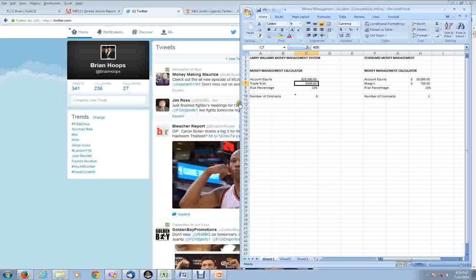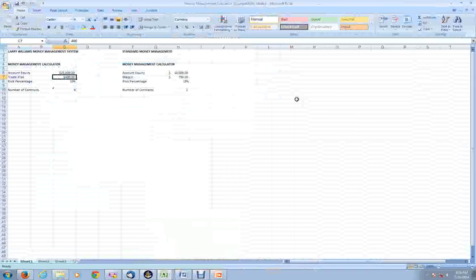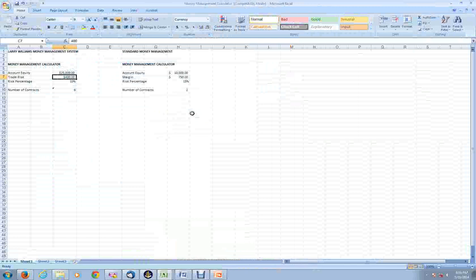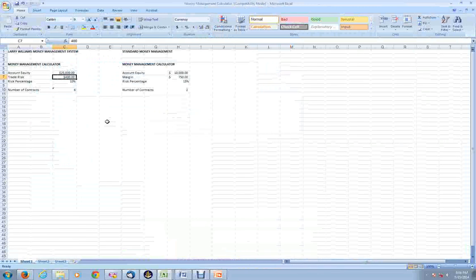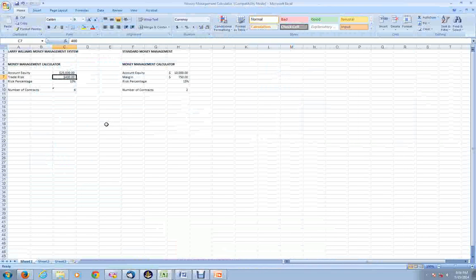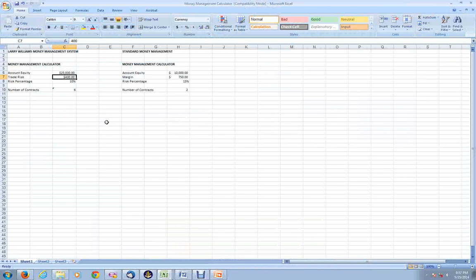Okay, here's what we want to talk about today. We're going to pull up the money management system here, and we've talked about the money management calculator before. There's a link to this on our website, and I've written some different articles about it before, but this is really the key, I think, that traders miss out on.